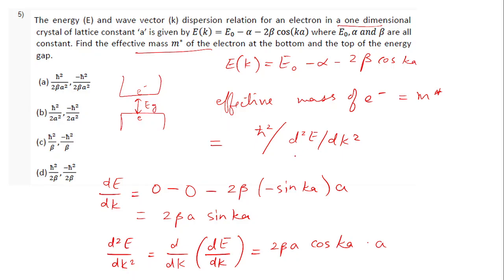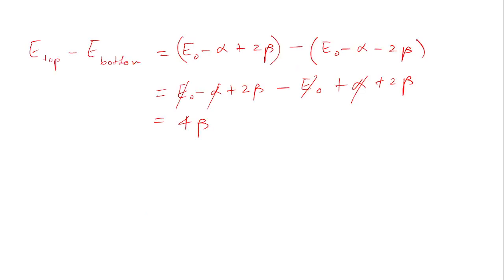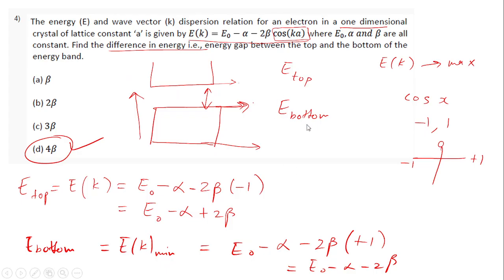Now we have to find the effective mass of the electron when it is at the bottom of the energy gap and the top of the energy gap. As we just saw in this question, bottom of the energy gap means the energy is less, top means the energy is higher, of course.